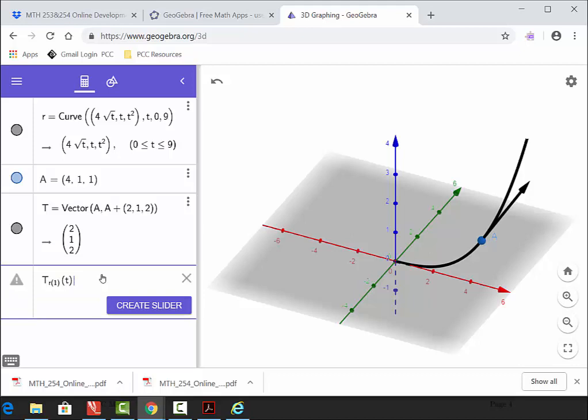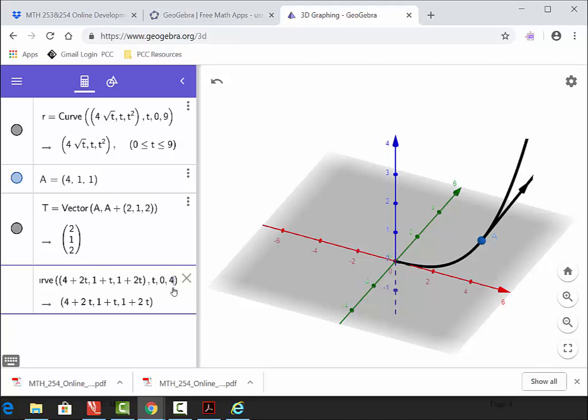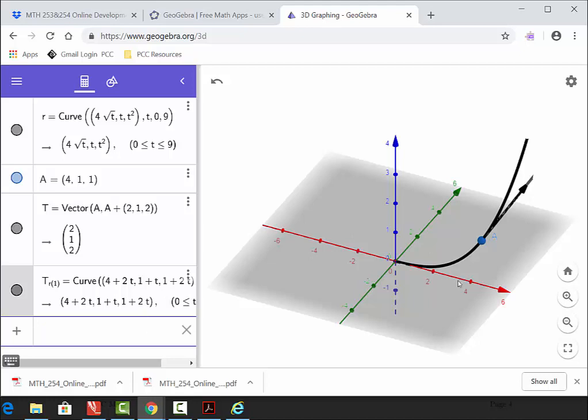T of t equals, we want a curve, and the first thing I'm going to do is plug in that 4 plus 2t, and then we have 1 plus t, and then we have 1 plus 2t, and we want to graph that curve in terms of t, and let's just go from 0 to 4, say. I'm just guesstimating here and see if it works. We can adjust our input values if they're not clearly visible here.